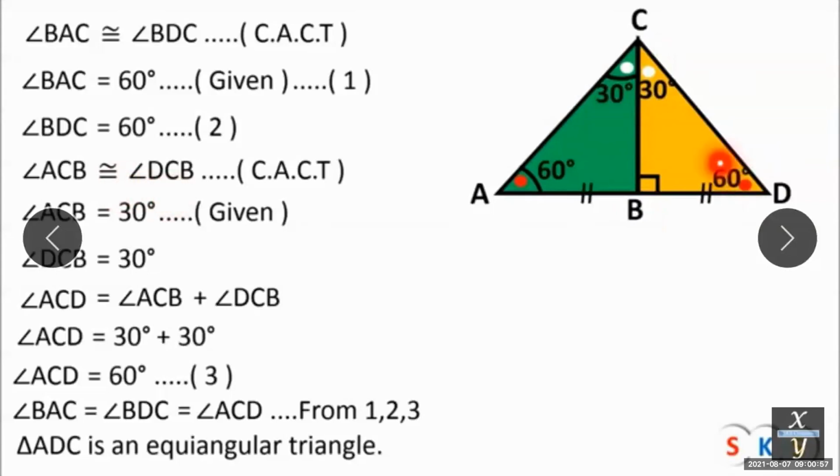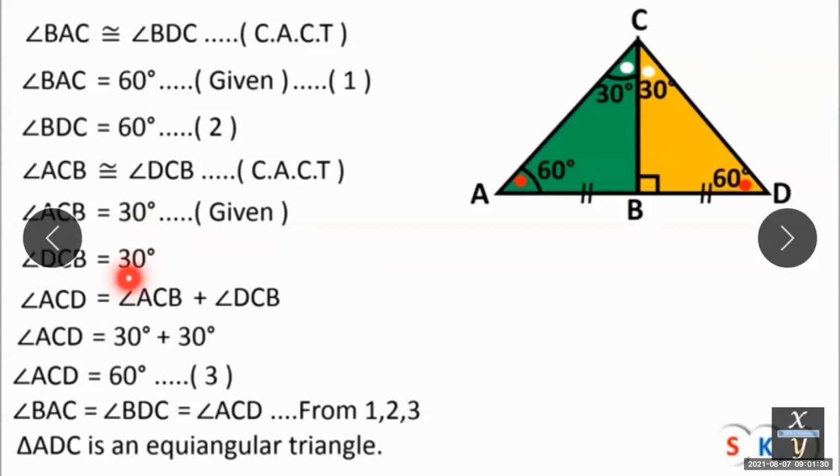So angle DCB means this other angle C from the second triangle. Those will also be congruent to each other because those are also corresponding angles of congruent triangles. Now, if one is 30 degrees, the other will also be 30 degrees. So angle ACB is 30 degrees, so angle DCB is also 30 degrees.